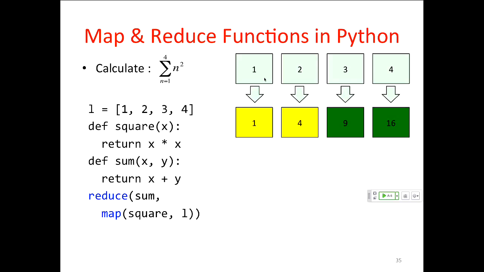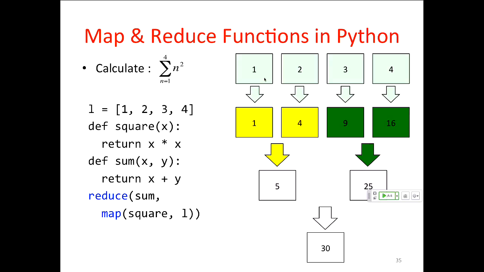And next, we have to reduce this data set by the reduce function. This reduce function applies this sum function to gather all the data set. First, we can reduce these two guys, and then we can get intermediate results. And then finally, we get the answer here.